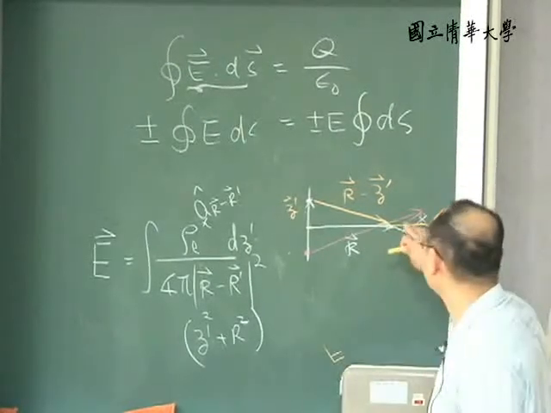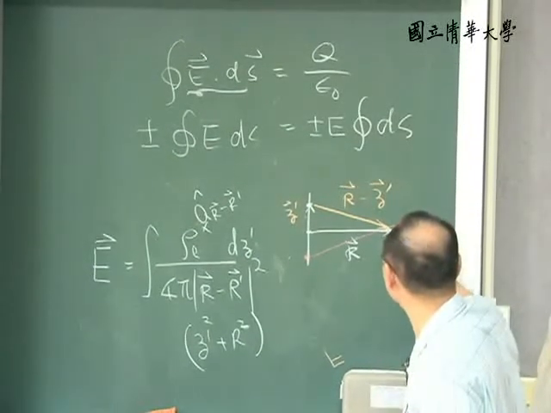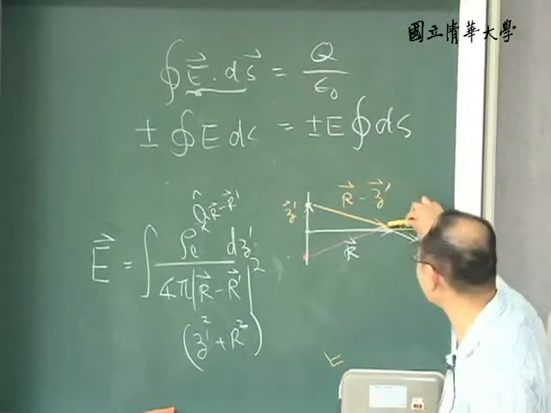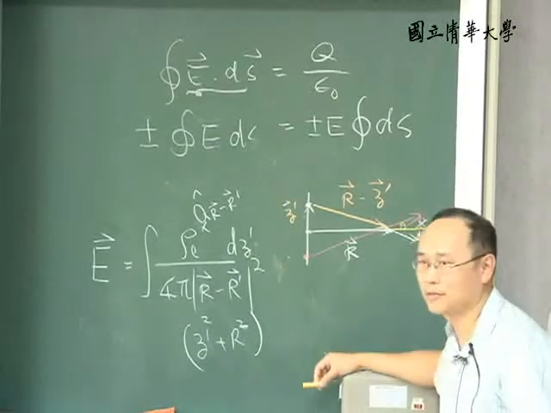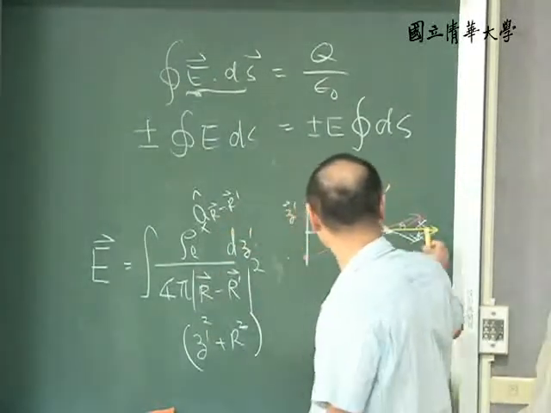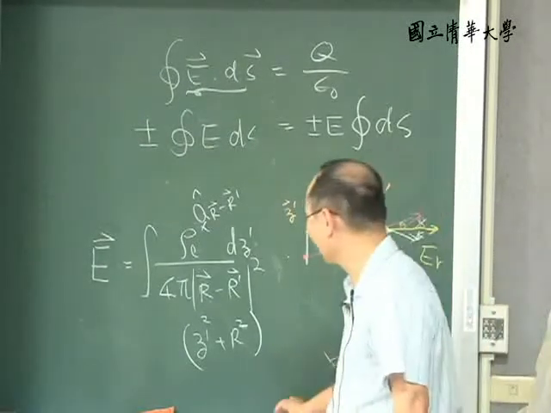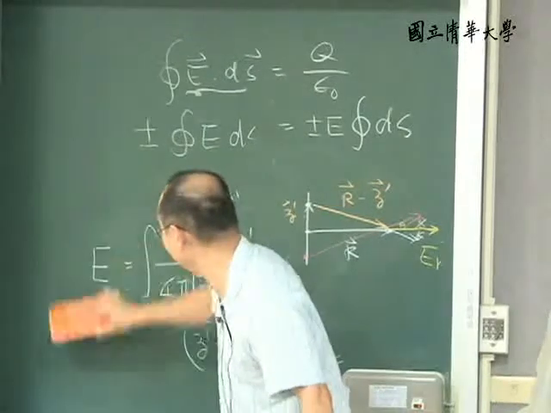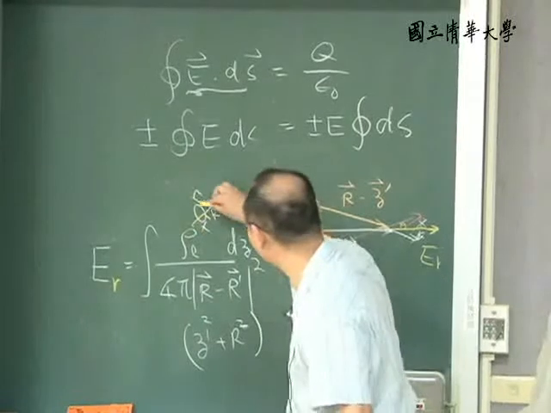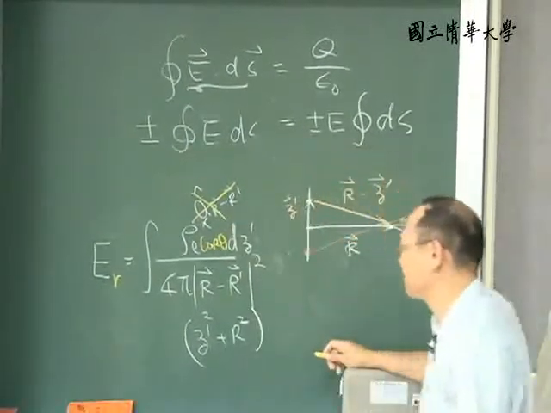Okay, the electric field in this direction, suppose this angle is called theta. The electric field in this direction is basically the projection of the electric field. So what I need to do is that I know the electric field here is along the r direction. So let me convert this to be the r direction, and then multiply the whole thing with cosine theta.